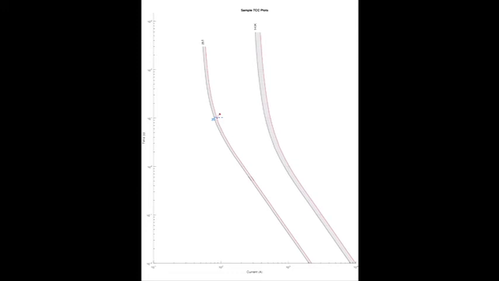So we can start out at 100, 2, 3, 4, 500 amps. And we are at 1/10 of a second.